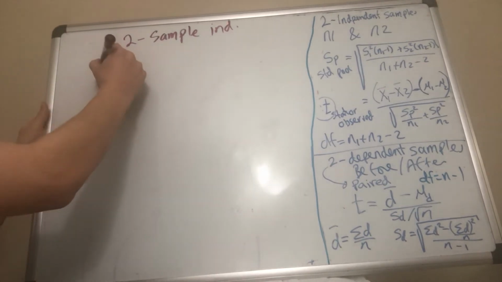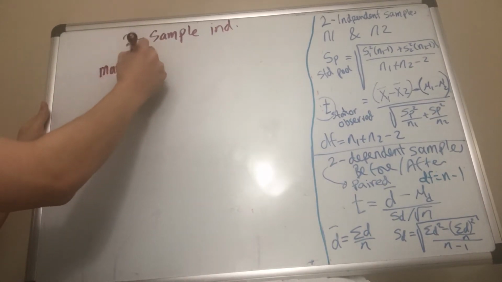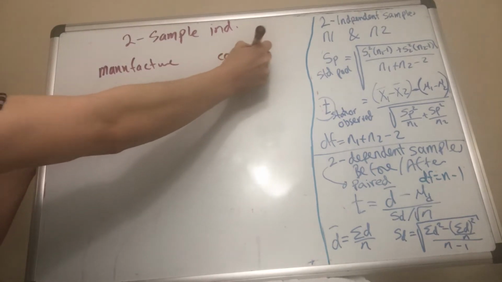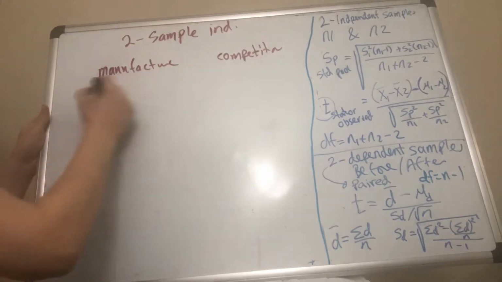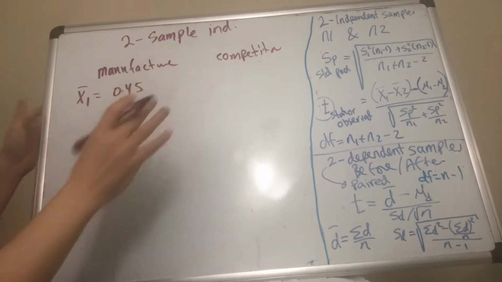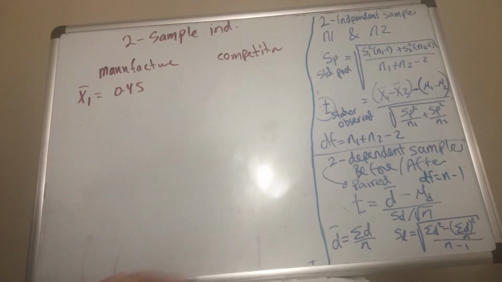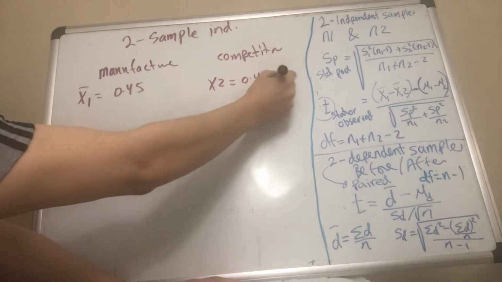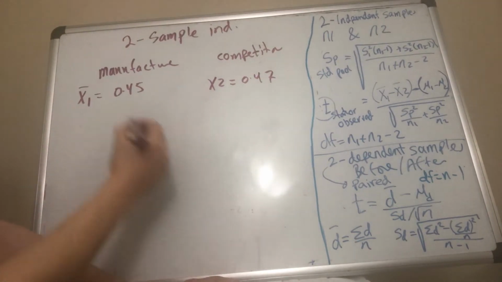Here you have two groups, the manufacturer, that would be group 1, and the competition. They give you the average for this one, it's 0.45. I'm only doing this version, so your numbers might be a little bit different. And the average here is 0.47.